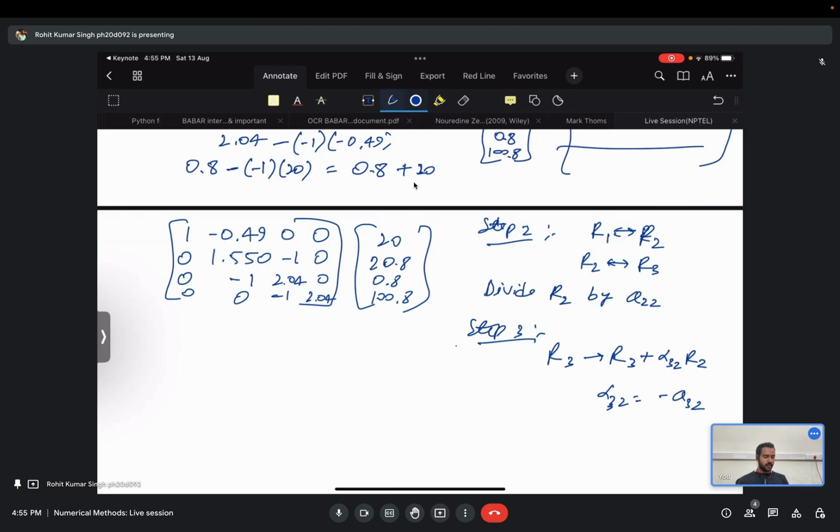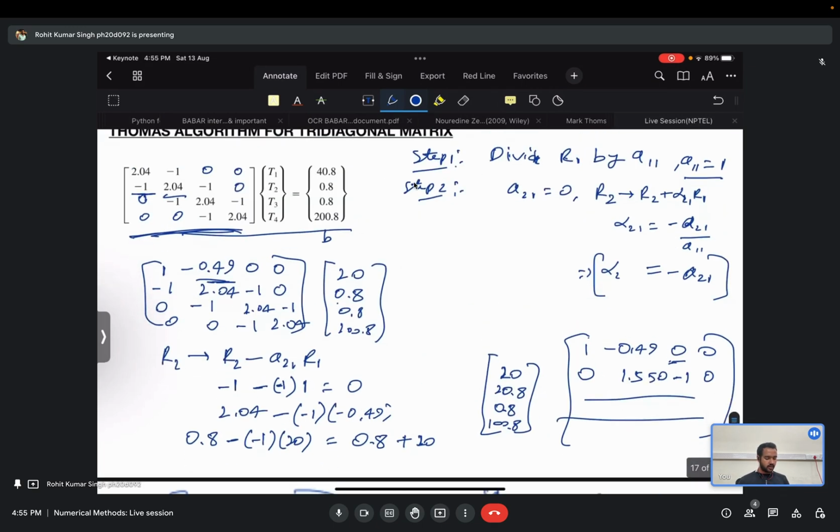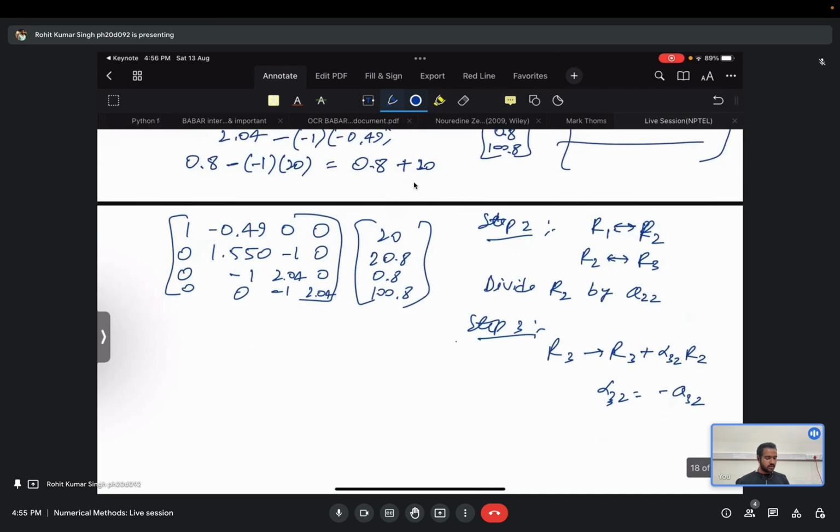So you see here, in this step there is just an interchange of 2 to 1 and 3 to 2, and everything else will be the same. Okay, so let's do it.